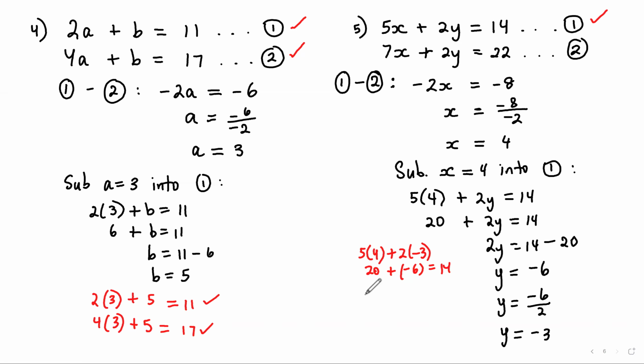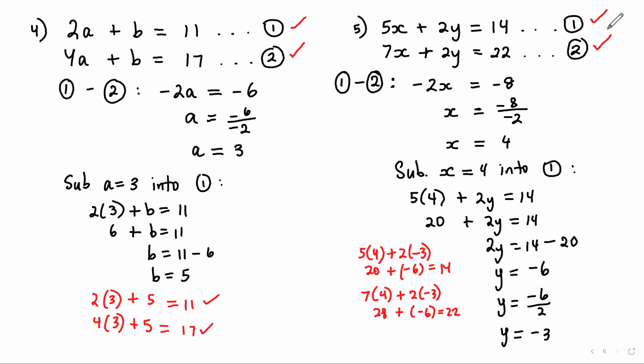And then similarly for equation 2, it's 7 times x. So 7 times 4 plus 2 times negative 3. 7 fours are 28, and then 2 times negative 3 is negative 6. So 28 take away 6 is actually 22. So it does work out as well for number 5, right? So the answer there is when x is equal to 4, y is equal to negative 3.